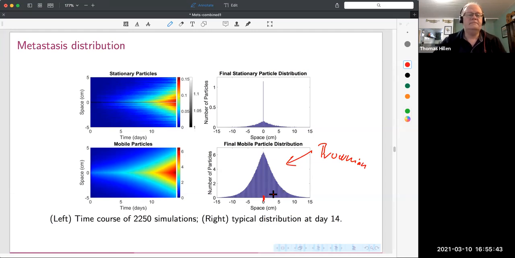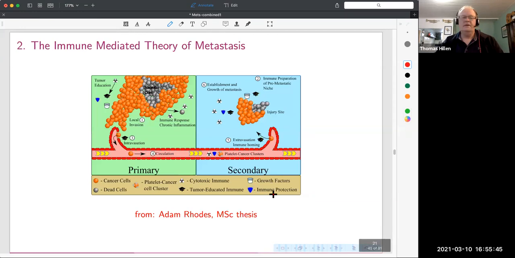All right. So then let me talk about the second bit. So now I'd like to include the immune system into the mix. So again, we have a primary tumor here. We have a secondary tumor here. They're connected to the blood circulation, similar as before.